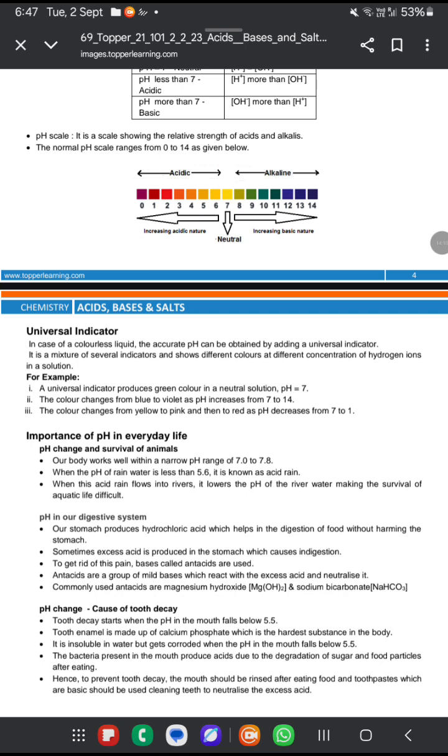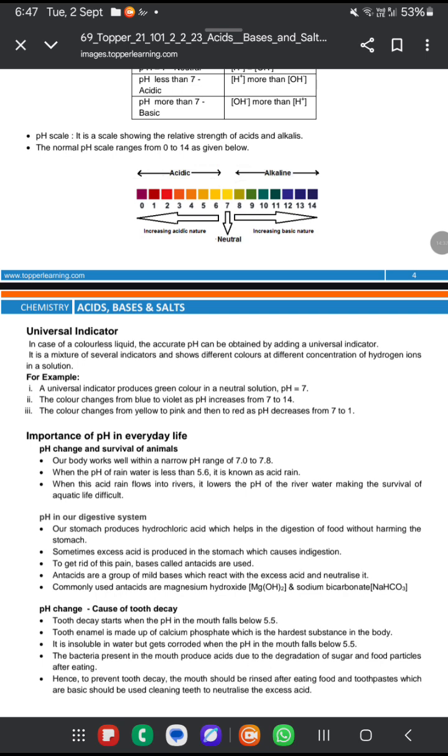The pH in our digestive system. Our stomach produces hydrochloric acid, which helps in the digestion of food without harming the stomach. Sometimes excess acid is produced in the stomach, which causes indigestion. To get rid of this pain, bases called antacids are used.